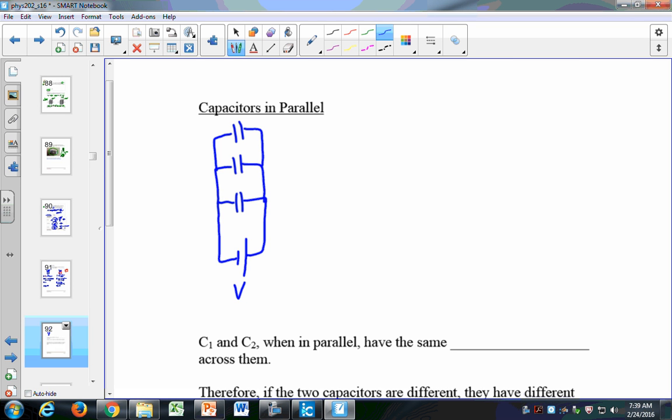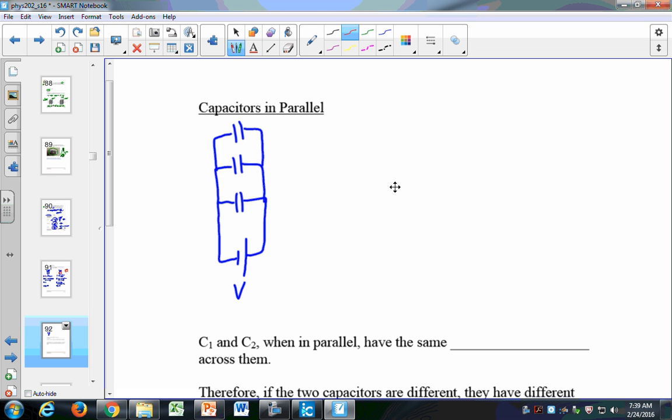So for example, I do not have 2 capacitors up here, because then that would be like a series circuit embedded within the parallel circuit. So when we have just these capacitors in parallel, where I have nothing in series, I'm going to have some rules that I'll follow.